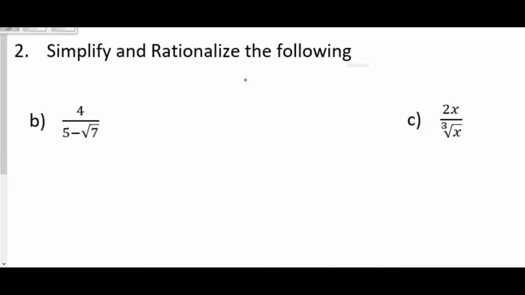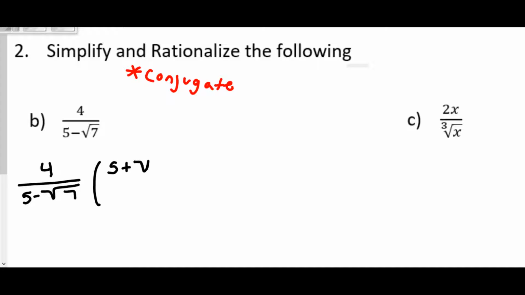Simplify and rationalize the following. So 4 over 5 minus rad 7, the way we rationalize this is we multiply by the conjugate. And the conjugate is when you take a binomial and you just switch the sign in the middle. So I'm going to multiply 4 over 5 minus rad 7 times its conjugate.